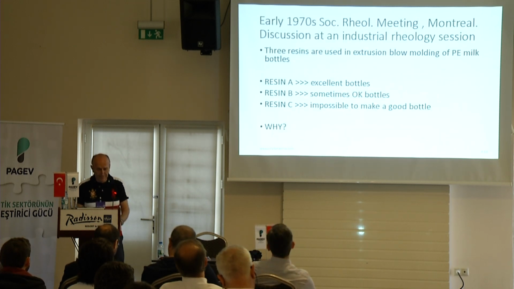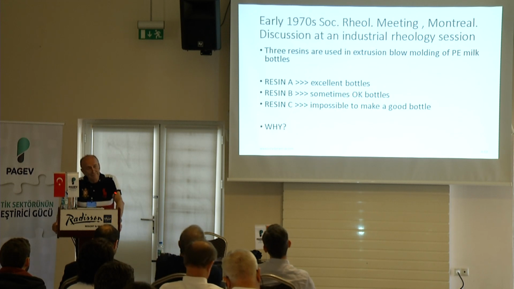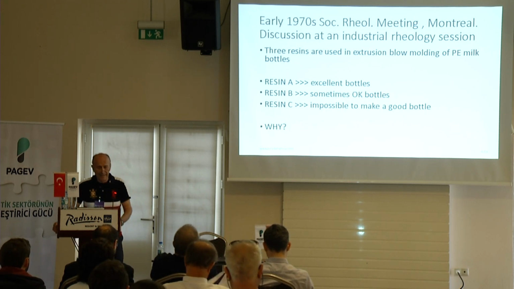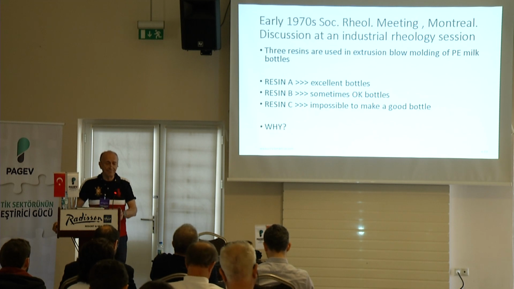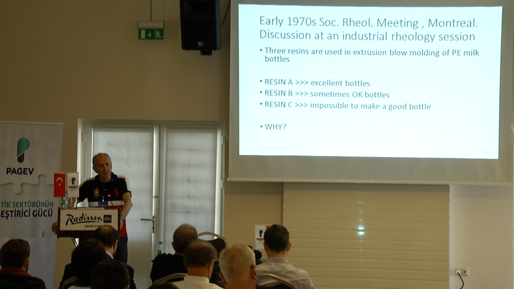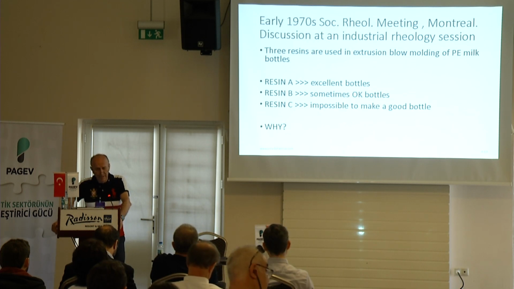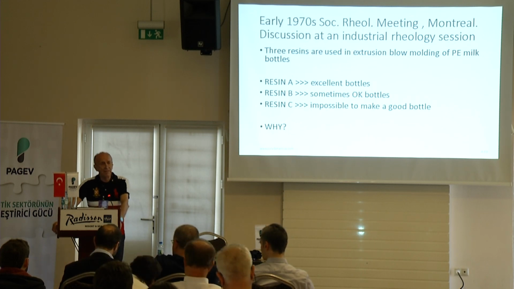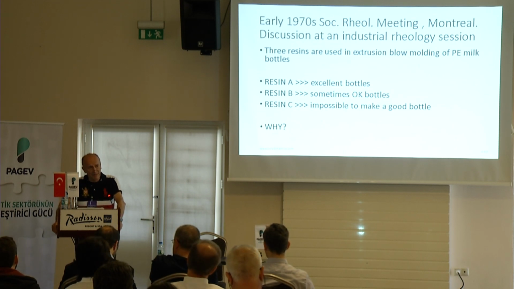Well, I have an example. That goes back to the early 1970s. It was in Montreal, and we had a session on industrial rheology. They had 3 resins used in extrusion blow molding, making milk bottles from polyethylene.